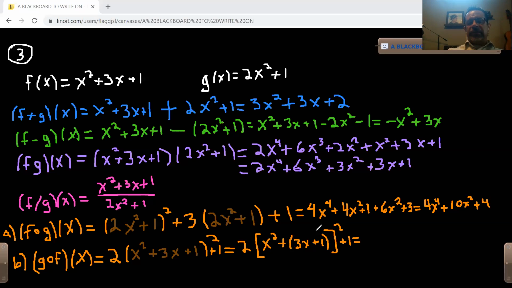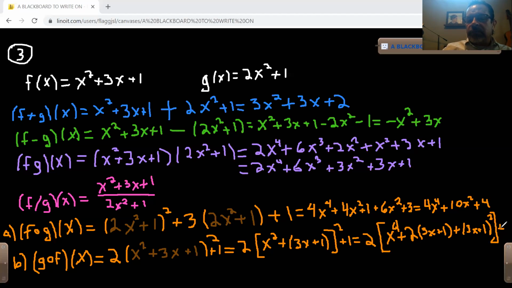So that way, when I elevate this to the power of 2, I'm going to have 2 that's multiplying x to the 4 plus 2 times, I'm sorry, 2 times 3x plus 1, plus 3x plus 1 to the square, and all of this plus 1.